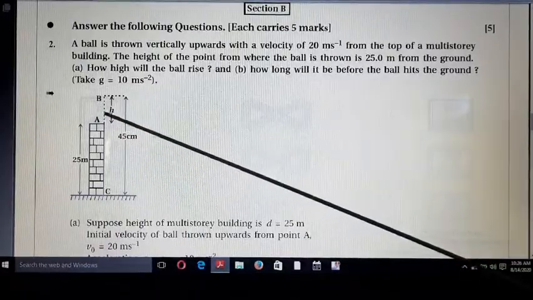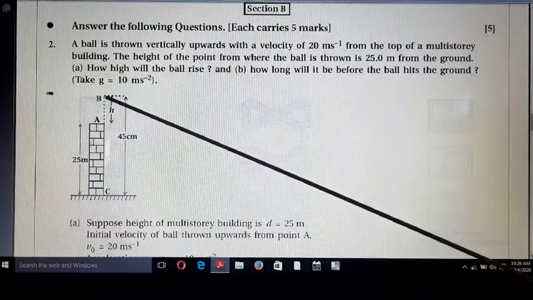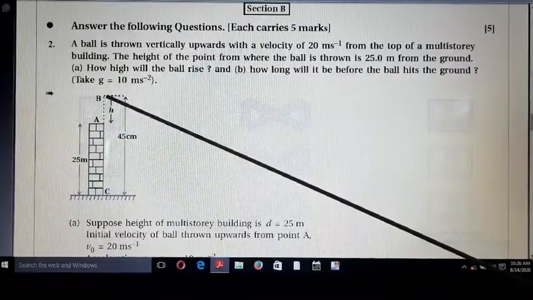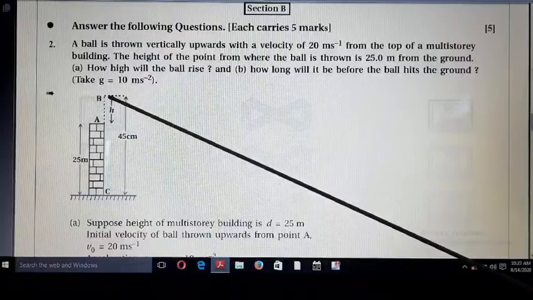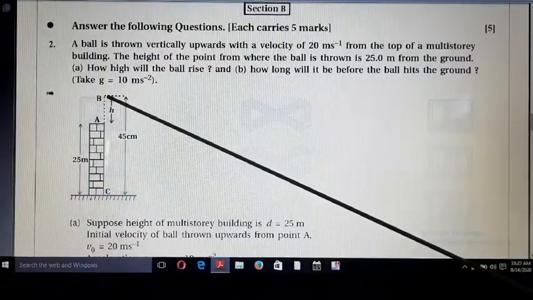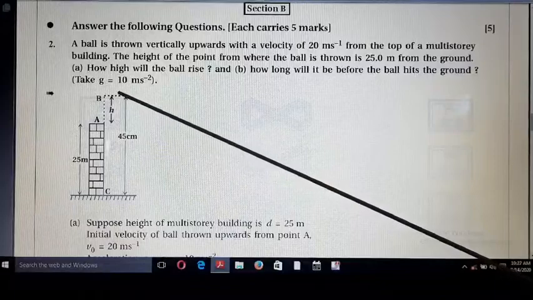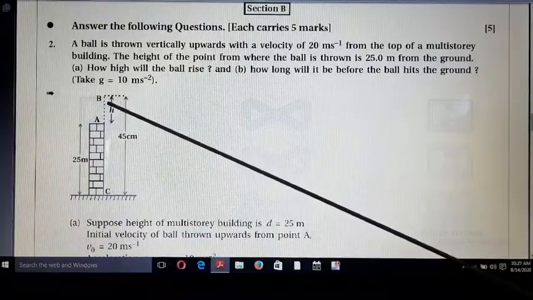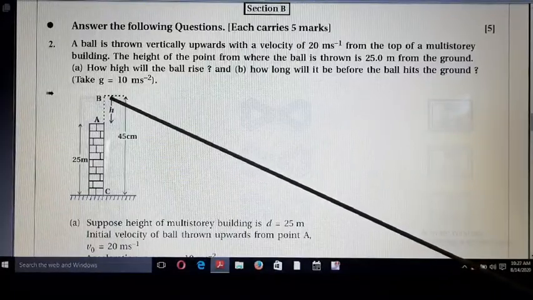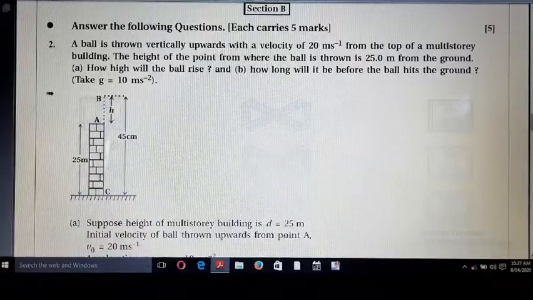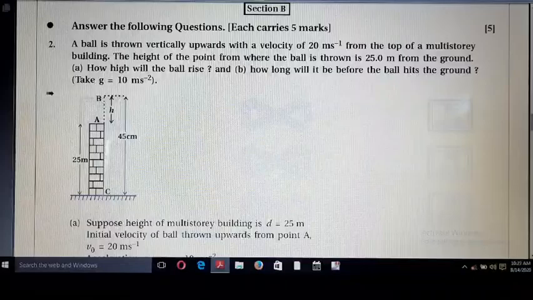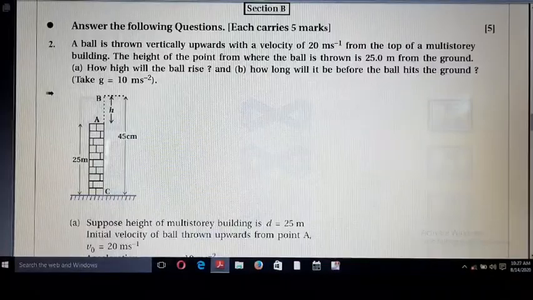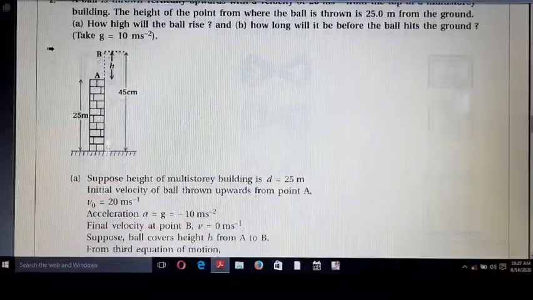And at point B, its final velocity is 0, because at that point, for a microsecond, the ball is steady. Okay. So first of all, with the use of the equation of motion, we can find out the height of the ball.